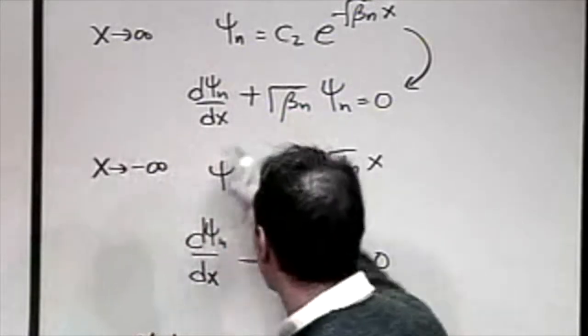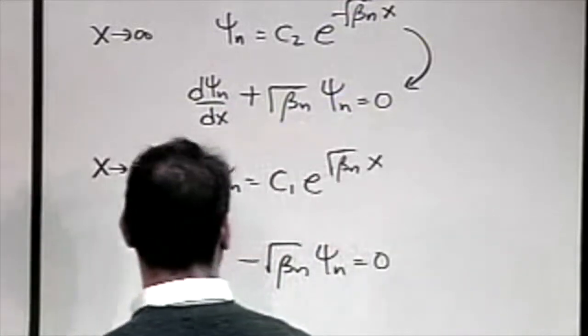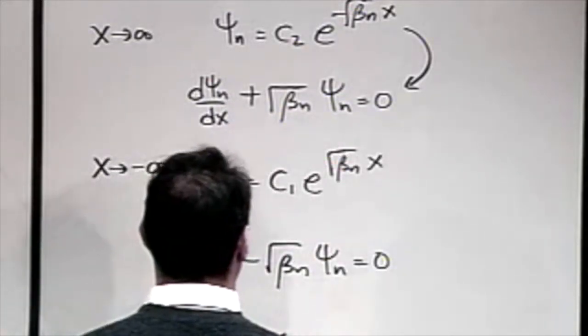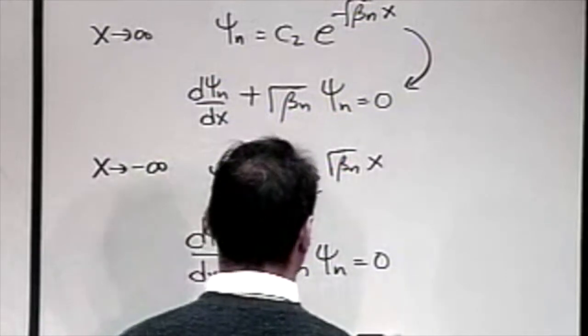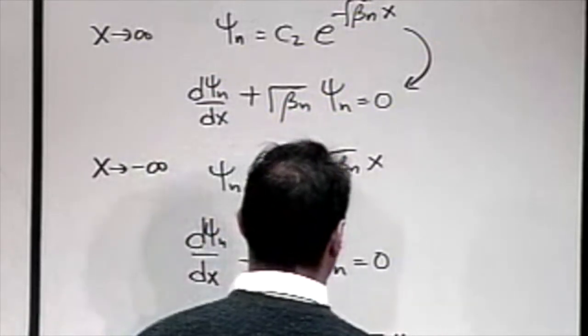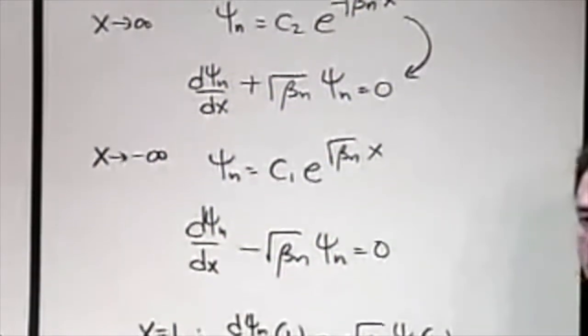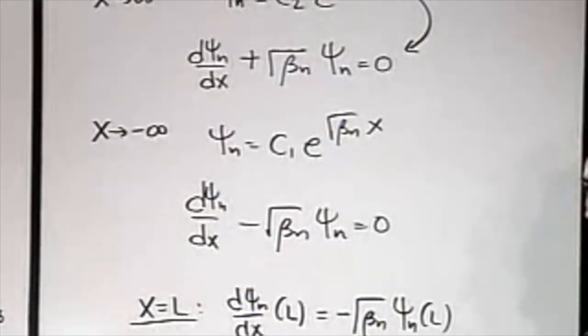At x equal L, what I have is d psi n dx at L is equal to minus square root beta n psi n of L. That's the boundary condition on the right.